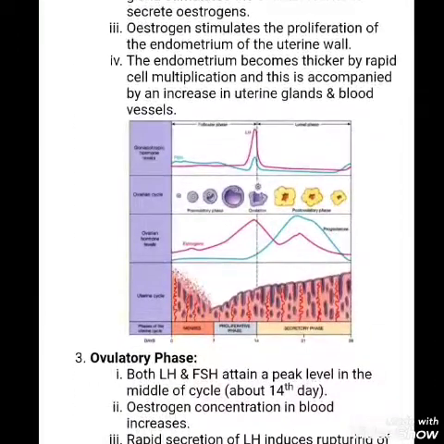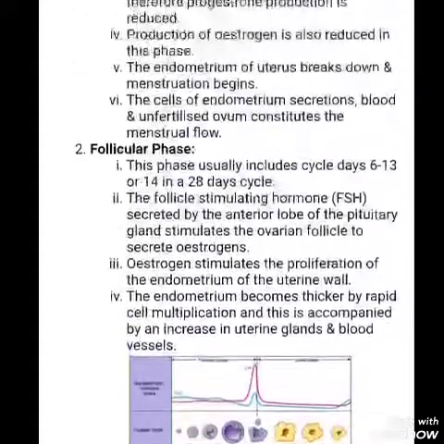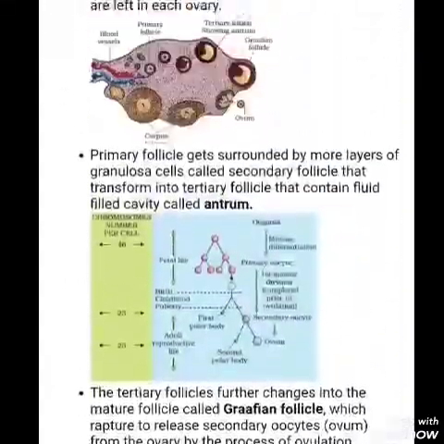Follicular phase, when the follicle becomes mature into the Graafian follicle. Next is ovulatory phase, when the ovulation takes place on the 14th day, and then the luteal phase, when the corpus luteum is made from the Graafian follicle after the blood enters inside the Graafian follicle. So this is all about the menstrual cycle as well as oogenesis.